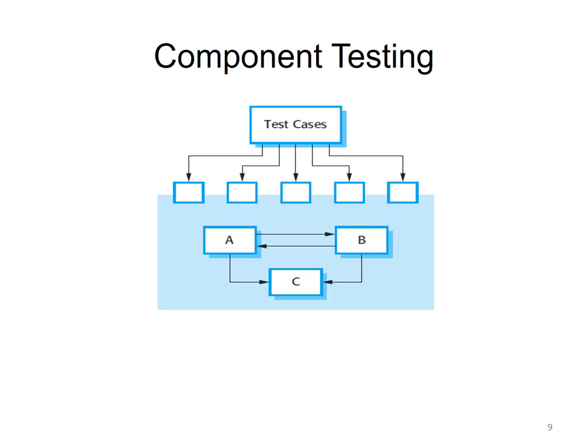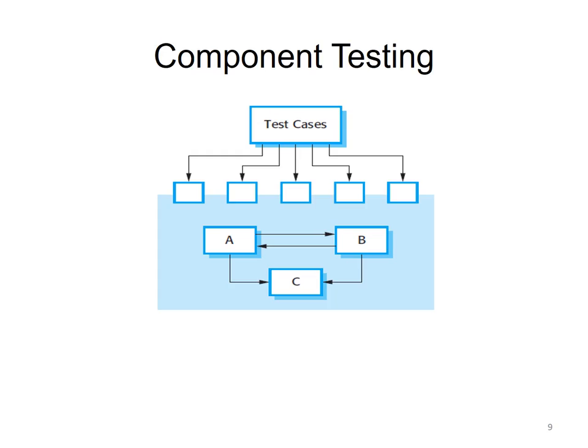Number 2. Shared memory interfaces. These are interfaces in which a block of memory is shared between components. Data is placed in the memory by one subsystem and retrieved from there by another subsystem.